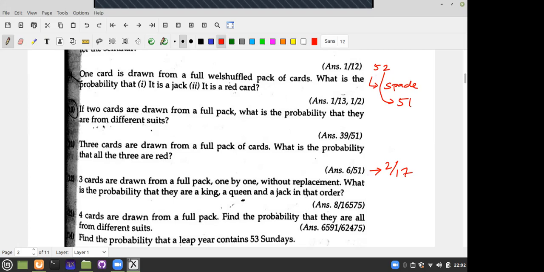Okay. Now both of you try this 12th problem. I'll write the format for question number 10, don't worry.